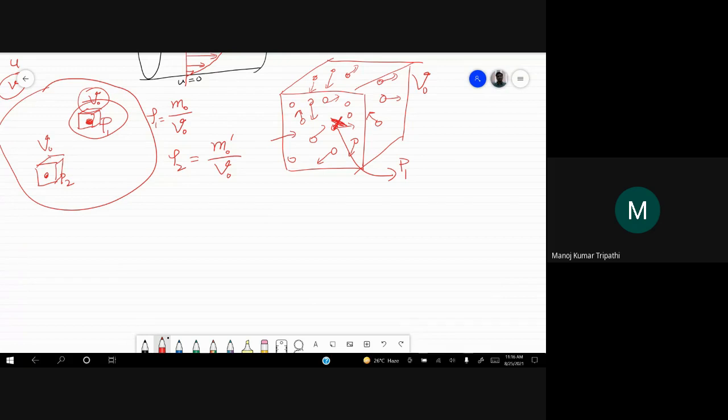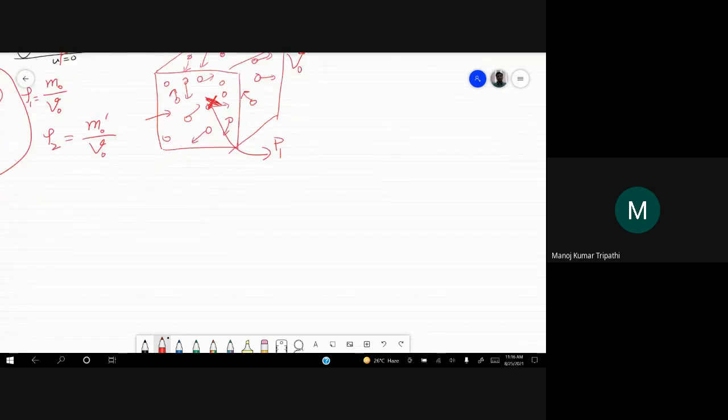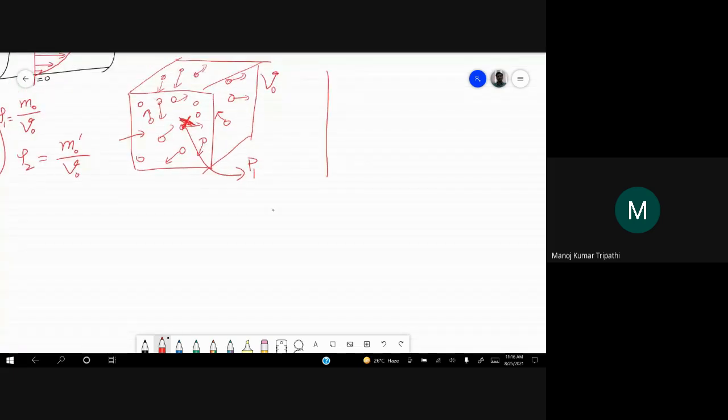So you can see that the density keeps on fluctuating, because at some point of time the mass is m0, at some other point it is m0 plus something or m0 minus something, depending upon whether a molecule has left or entered this volume, right? So if you plot the density at this point P1 with respect to the volume that you choose around that point P1.